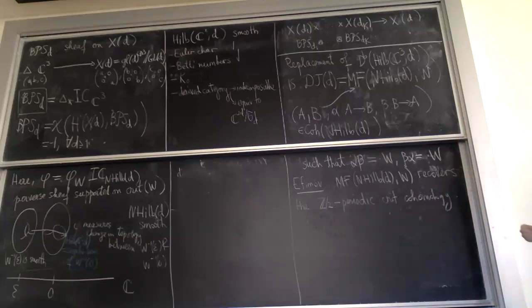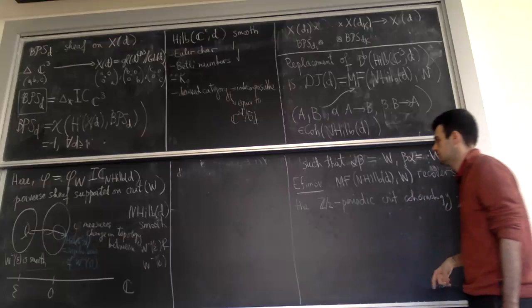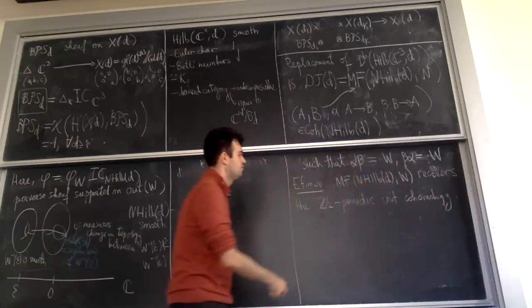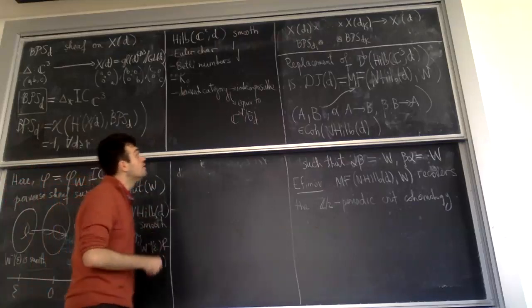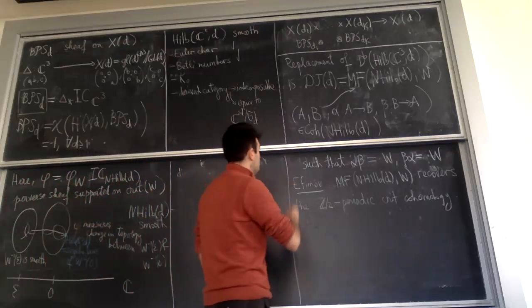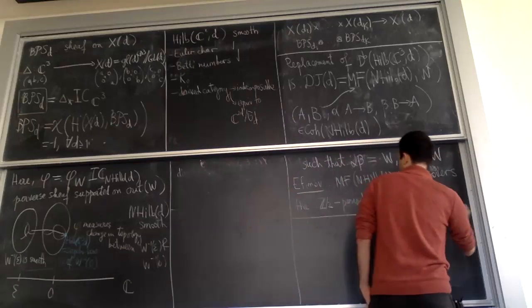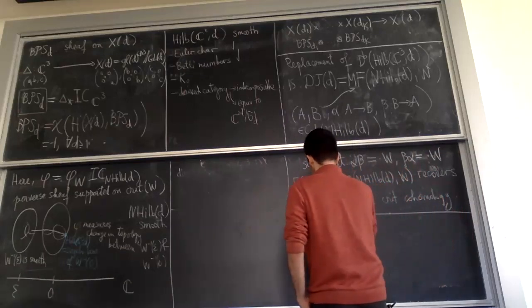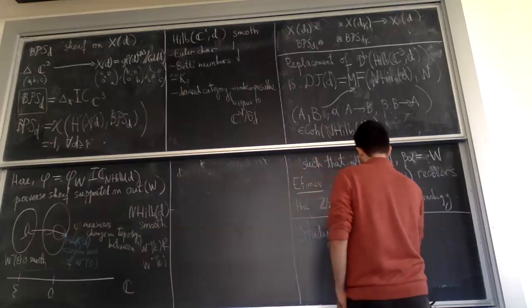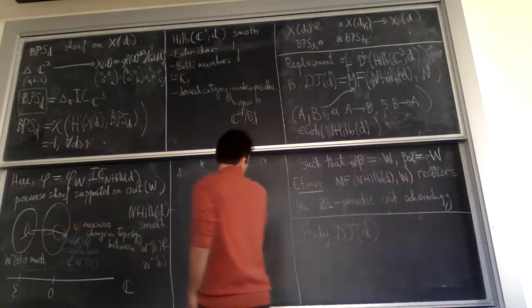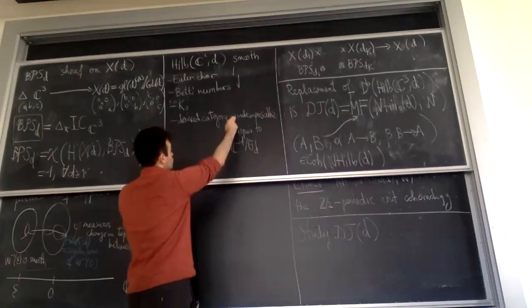And in particular, it recovers the DT invariant by taking the dimension of HP0 minus the dimension of HP1. So now the plan is to study this category DTD. The analysis we'll be using is a two-step analysis.